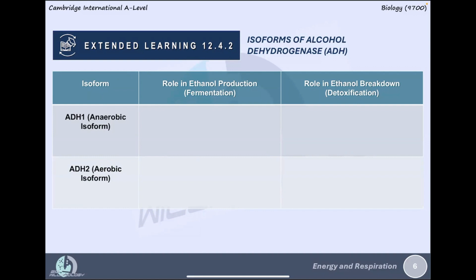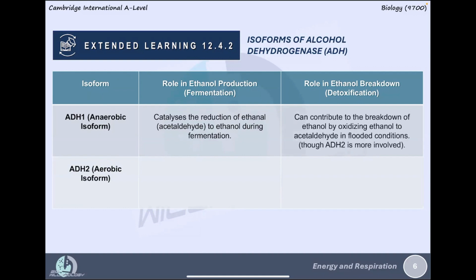For example, ADH1 is mainly involved in the reduction of acetaldehyde to ethanol during the fermentation process. So ADH1 allows the regeneration of NAD through the reduction of acetaldehyde to form ethanol. This is the main function of ADH1. However, ADH1 is also involved in ethanol breakdown, but primarily this is the role of ADH2.